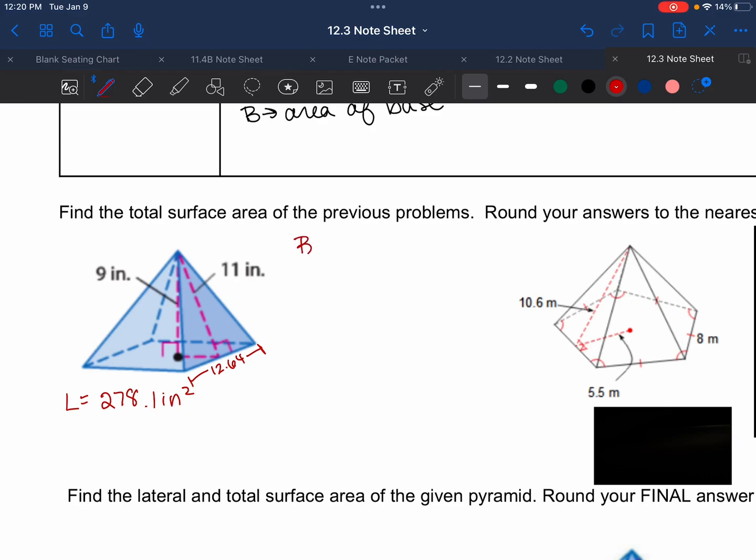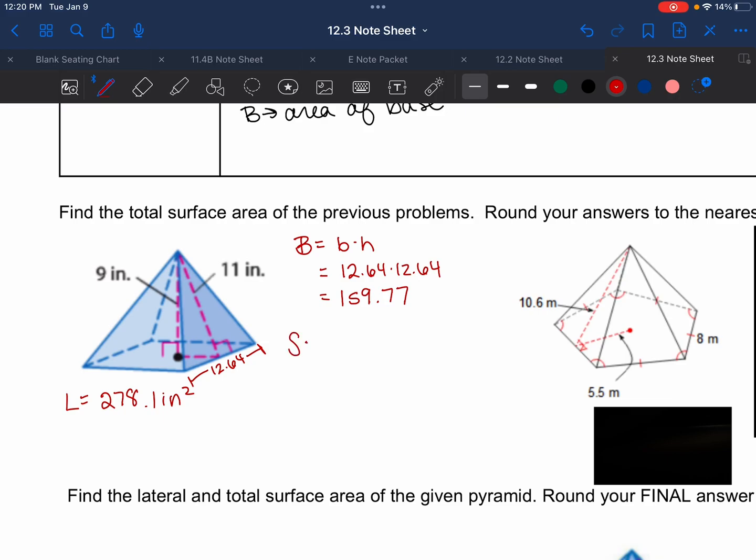So our base is a square, so it's base times height. Our base and our height are the same, so it's 12.64 times 12.64. So if I do that, I get 159.77 for the area of our base.